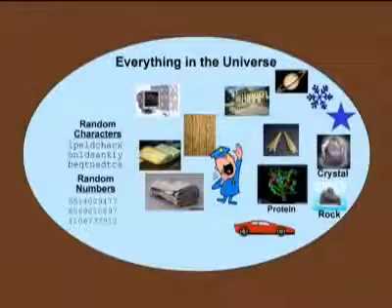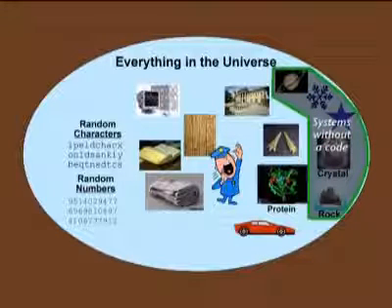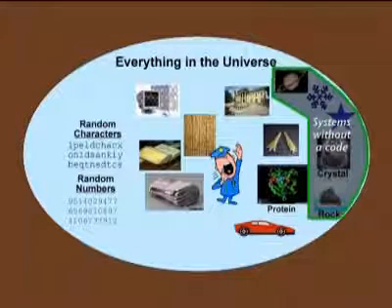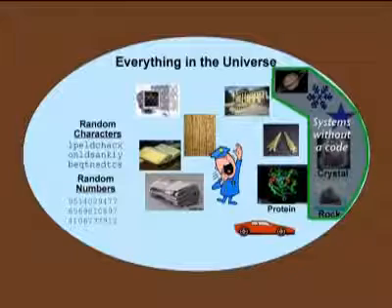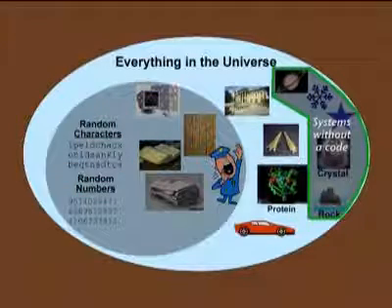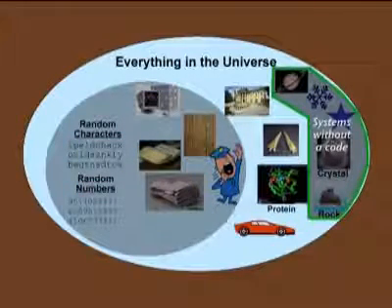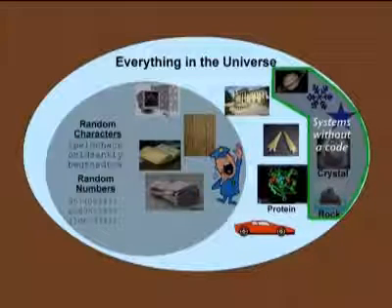Now let me come to my definition of information. So we see here a complete universe. You see systems without code, for example stars and snowflakes and crystals. You see random characters which are also outside of the definition domain.